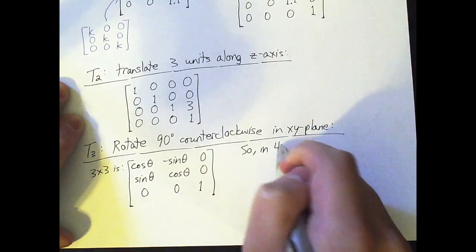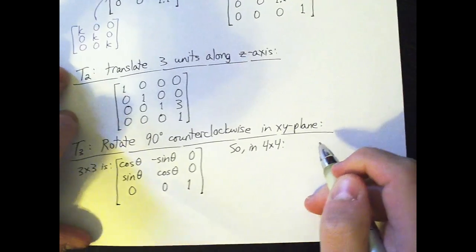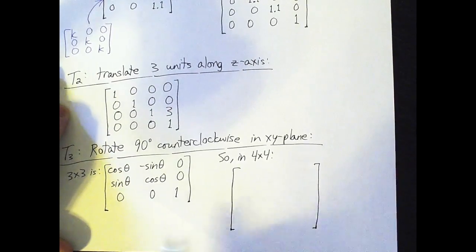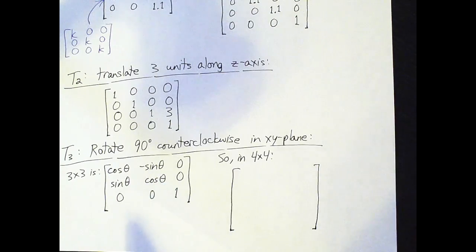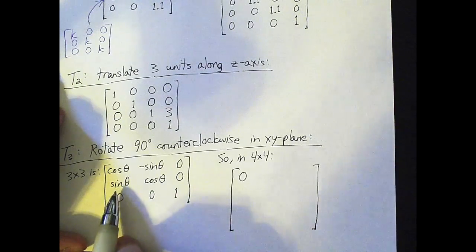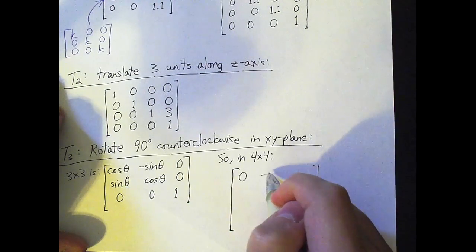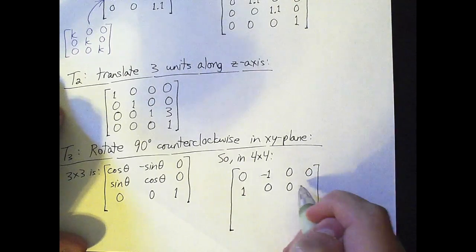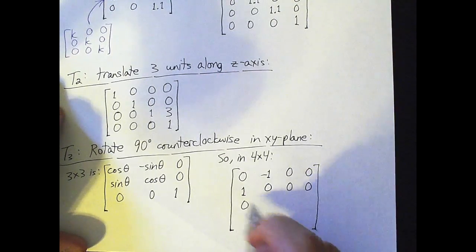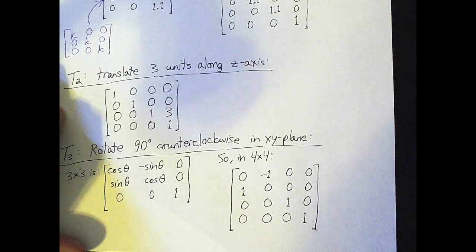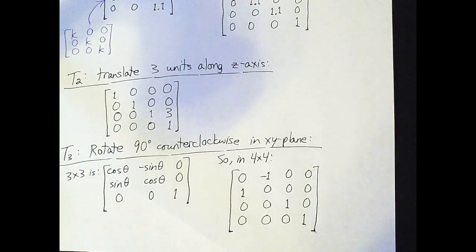So in the 4x4 case, with homogeneous coordinates, we know cosine of 90 degrees, and we know sine of 90 degrees. It's a very nice angle to work with, right? Cosine of 90 degrees is 0, and sine of 90 degrees is 1. So we can fill these all out with actual numbers, and we don't need to have theta. We know what theta is, so go ahead and evaluate sine and cosine. And this is going to be our 4x4 matrix to rotate a three-dimensional object 90 degrees.